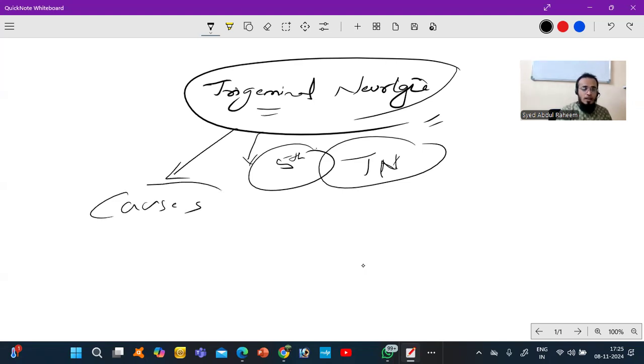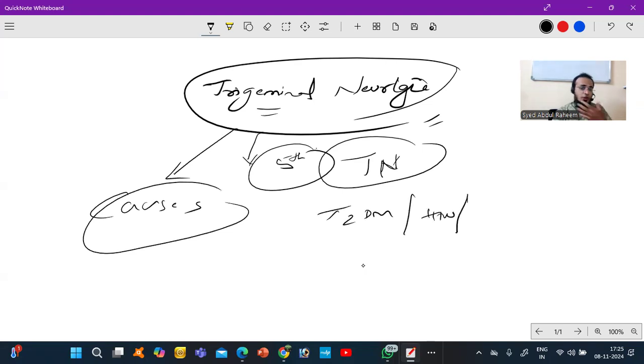But underlying diseases like diabetes, hypertension, or trauma, any accident, any damage to this particular area, this is the frontal, this is the temporal area, damage, trauma, accident, or any infection.